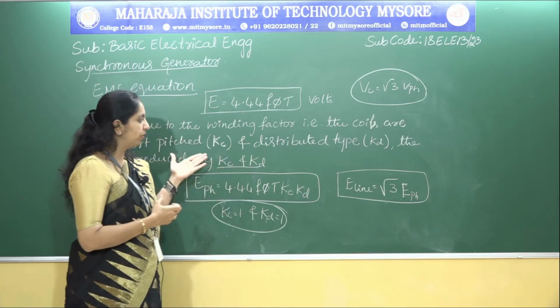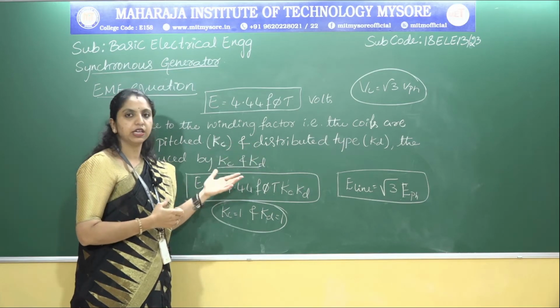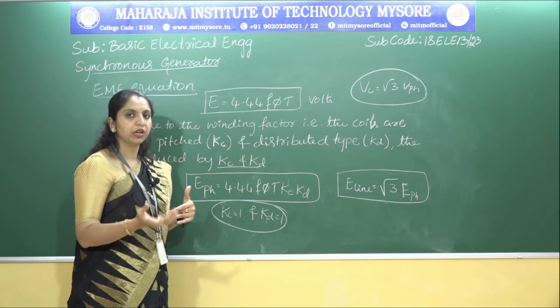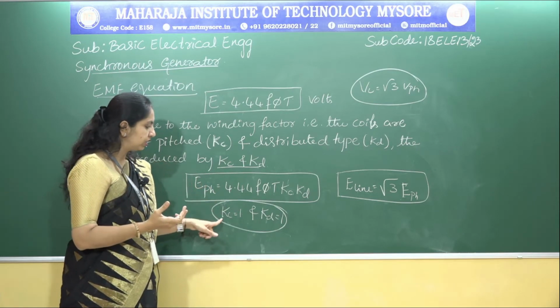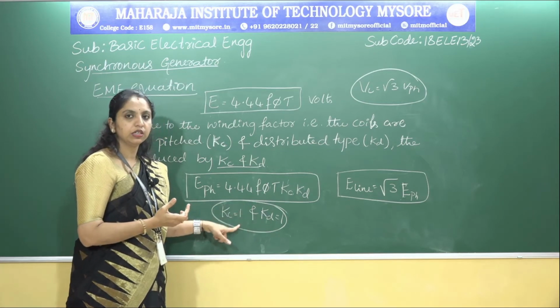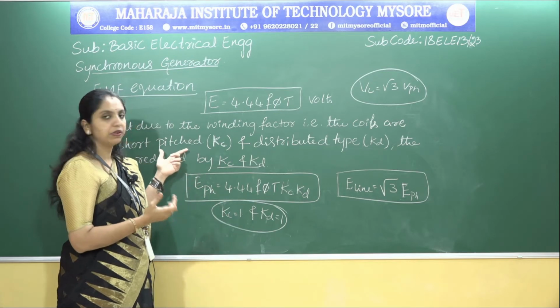So the coils are short pitched and distributed type. So we will have these Kc and Kd values as fractions that vary from 0 to 1. And similarly, when Kc is equal to 1, Kd is equal to 1. So when do we get this value? That is when the coils are full pitched instead of short pitched.